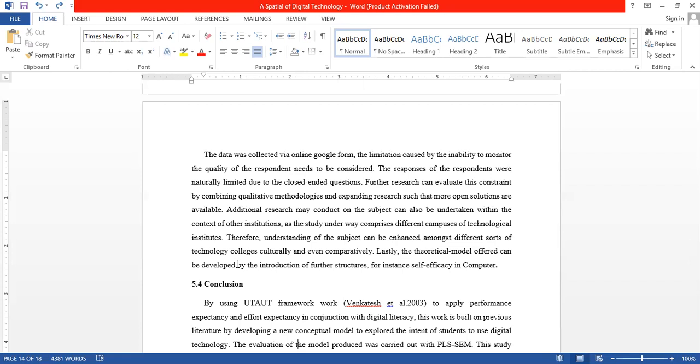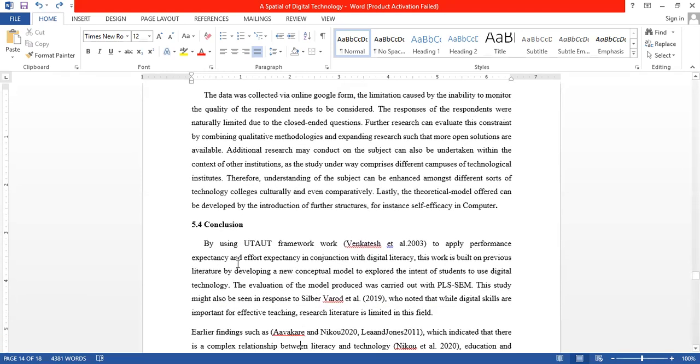You will also tell about the new variable which was mediating or moderating, and all the contributions. You will discuss in detail what type of novelty is in your study and how it contributes to the literature. You will write about your model contribution.